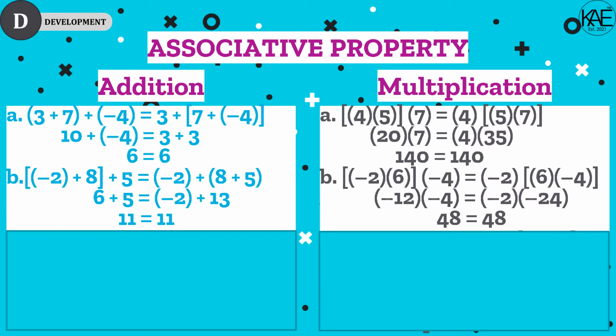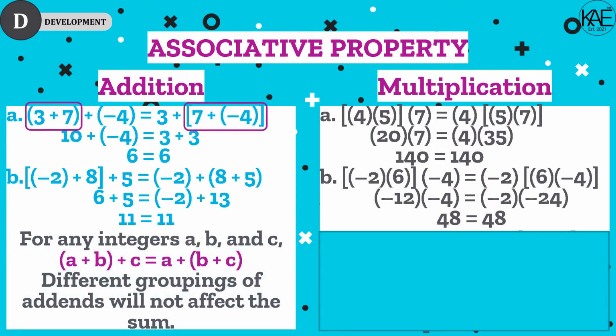The associative property of addition states that for any integers a, b, and c, the quantity of a plus b added to c is also equal to a plus the quantity of b plus c. Different groupings of addends will not affect the sum.